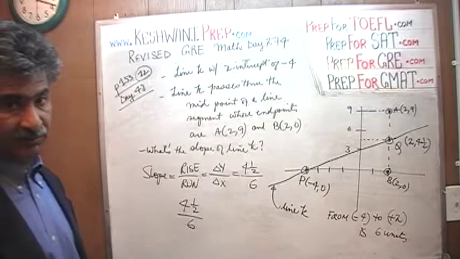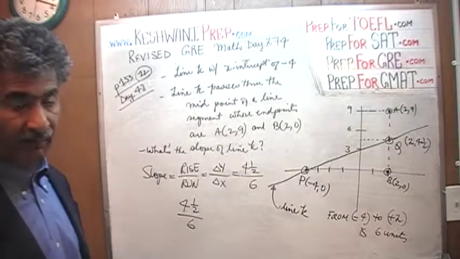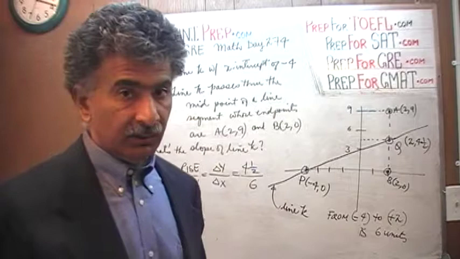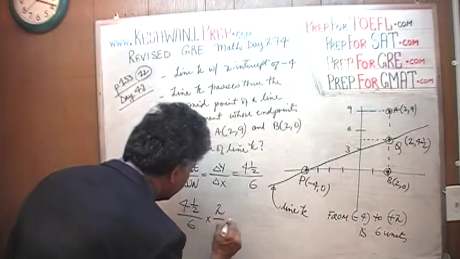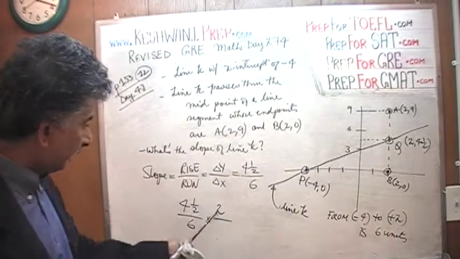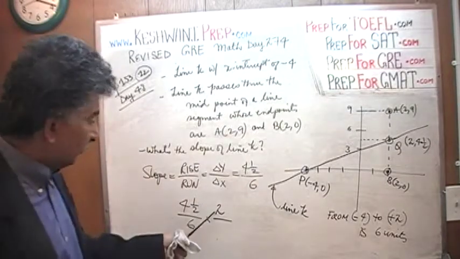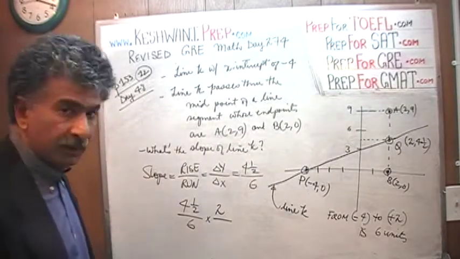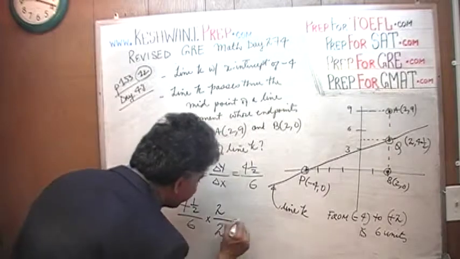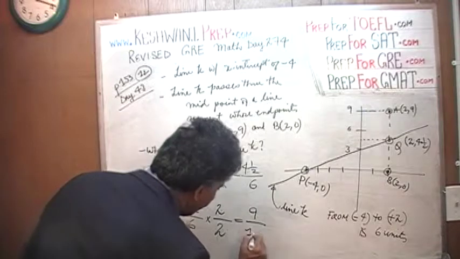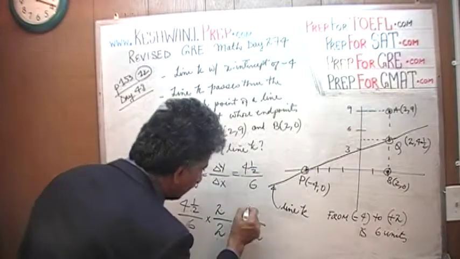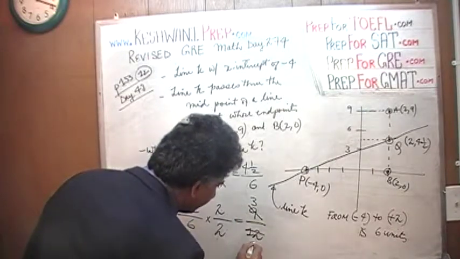The easiest, quickest way to get rid of a half whenever it appears is to multiply the thing by 2. If you multiply the top by 2, we have to multiply the bottom by 2. 4.5 times 2 is just 9. 6 times 2 is just 12. And we're almost there. Divide top and bottom by 3, and this 9 becomes 3 and this becomes 4.